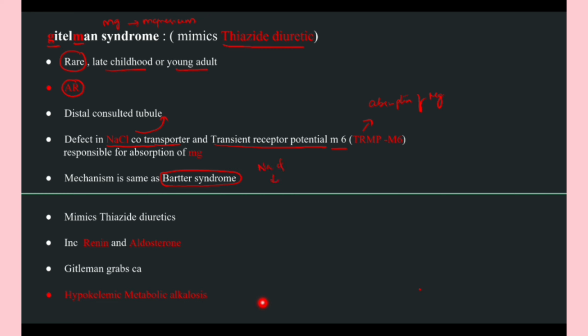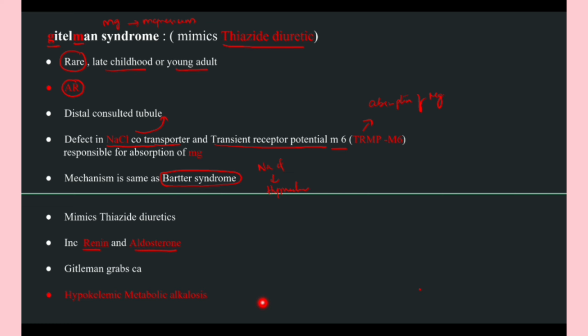Sodium chloride loss leads to hypovolemia, which leads to renin release, then aldosterone, which acts on the collecting duct and DCT, and it promotes sodium absorption and H plus secretion, K plus excretion. So it is the same as Bartter syndrome, and obviously there is an increase in renin and aldosterone.